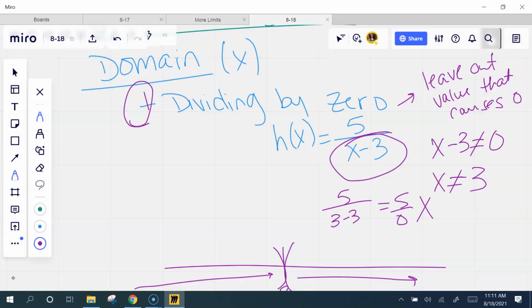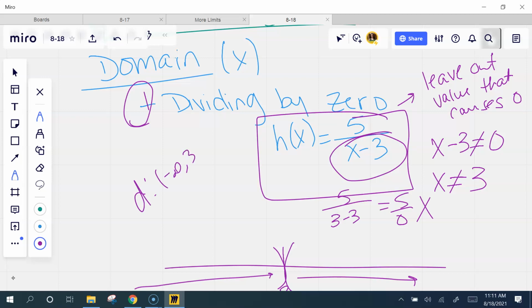If you set the denominator equal to 0, it'll tell you the value, and you just take it out of the domain. It cannot be in the domain. So for this function, the domain would be negative infinity to 3, union, 3 to infinity.